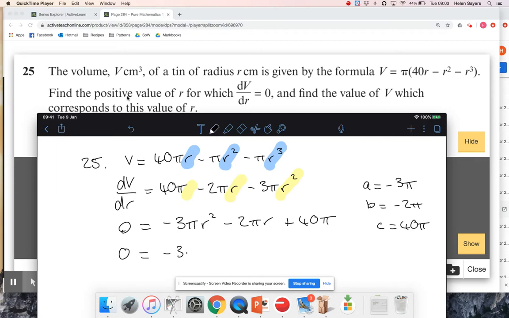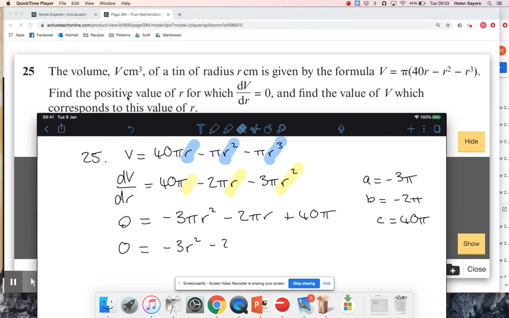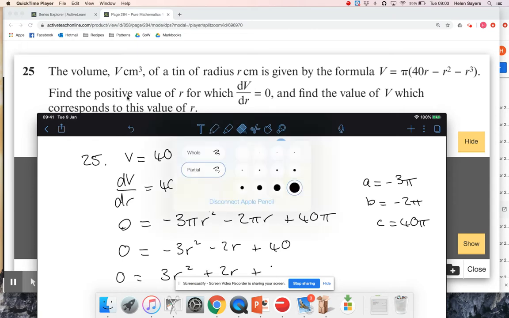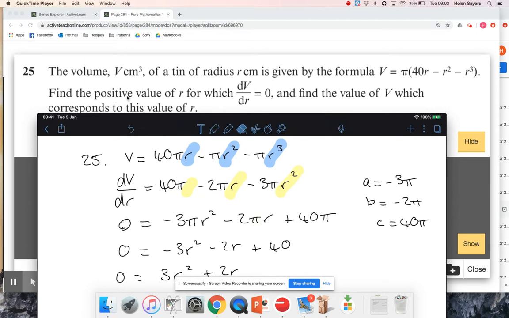So this is just if you're keen to try it without a calculator. And then I always think I would multiply through by -1 just to make it a little easier. That would be minus. And I'm going to assume it factorizes.